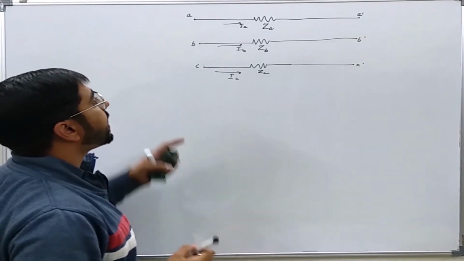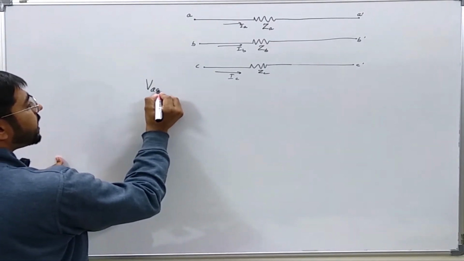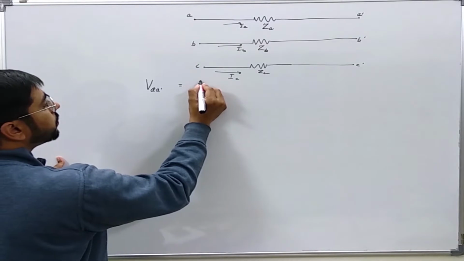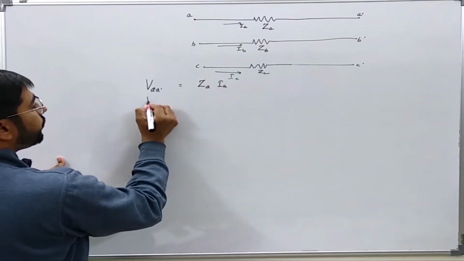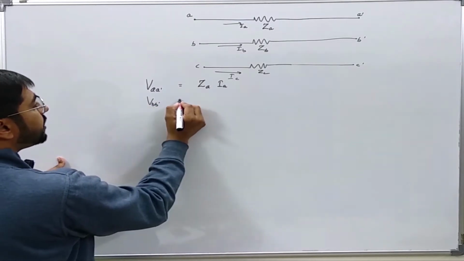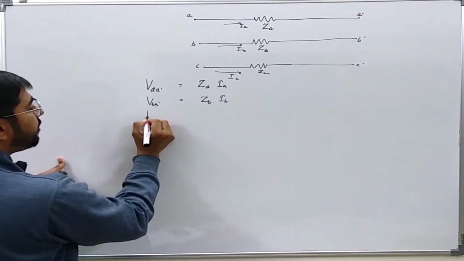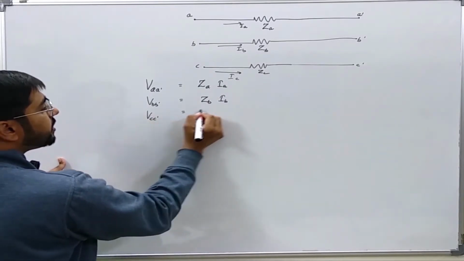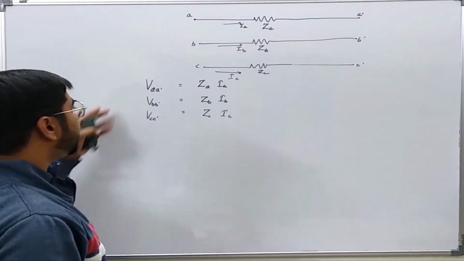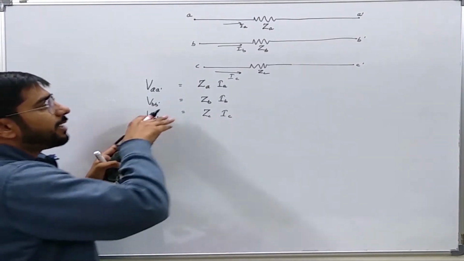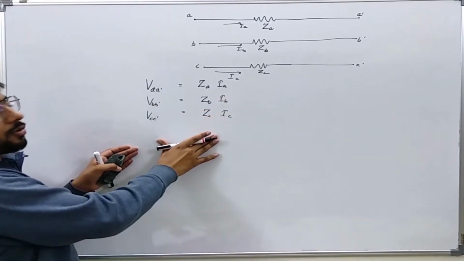Now, I can write the equations of various voltage drops: VAA dash is equal to ZA IA, VBB dash is equal to ZB IB, and VCC dash is equal to ZC IC. So, in this way I have written the normal KVL equations. Now I can write them in matrix form also.